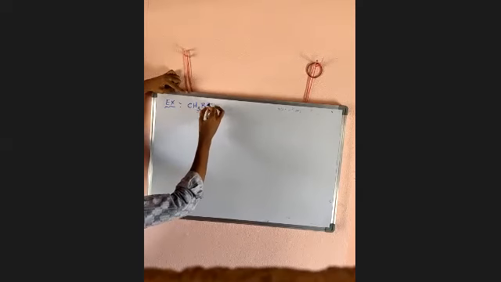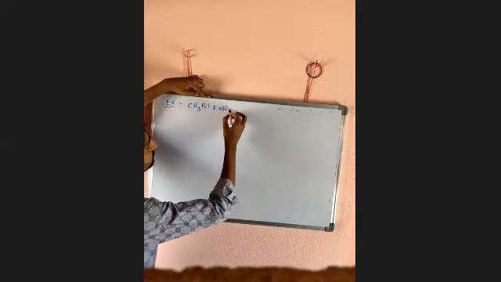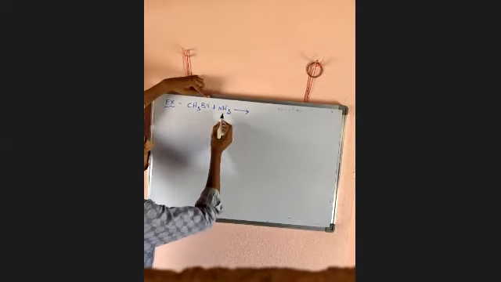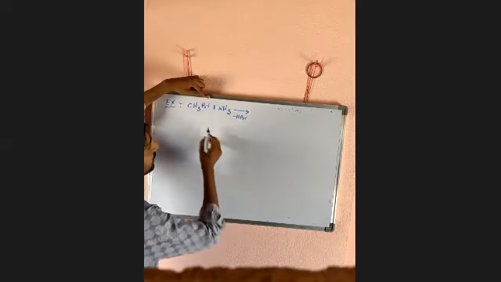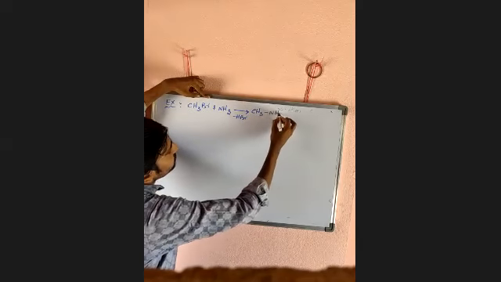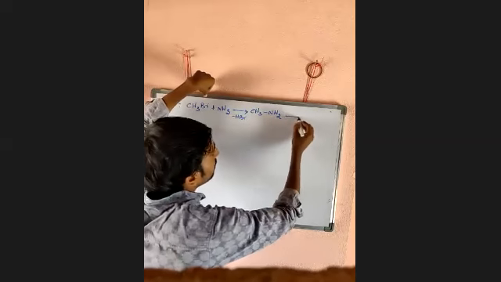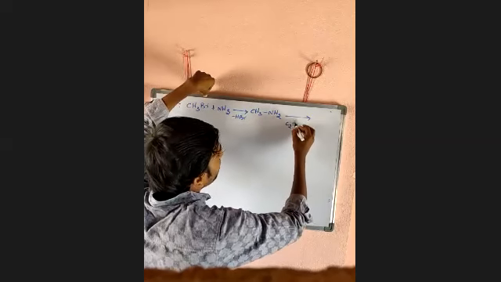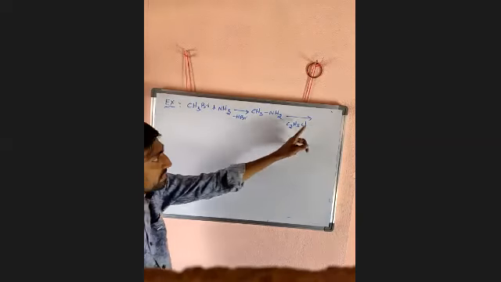CH3Br. When it reacts with NH3, what happens? Here one H and one Br are eliminated as HBr, and remaining is CH3 and NH2, so CH3NH2. Now instead of CH3Br, I want to take C2H5Cl.